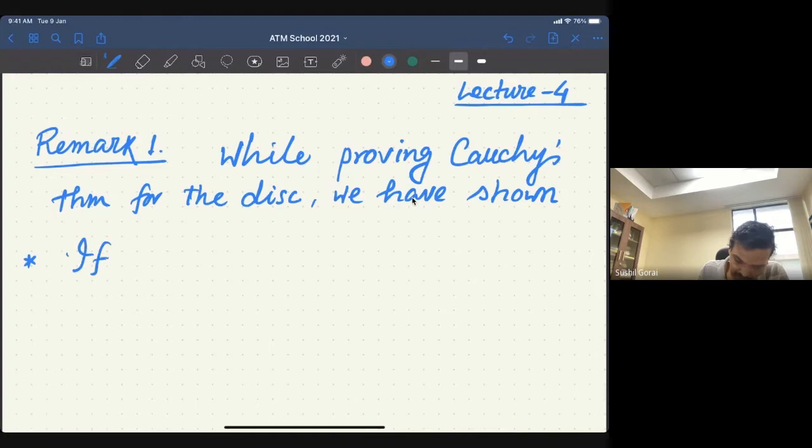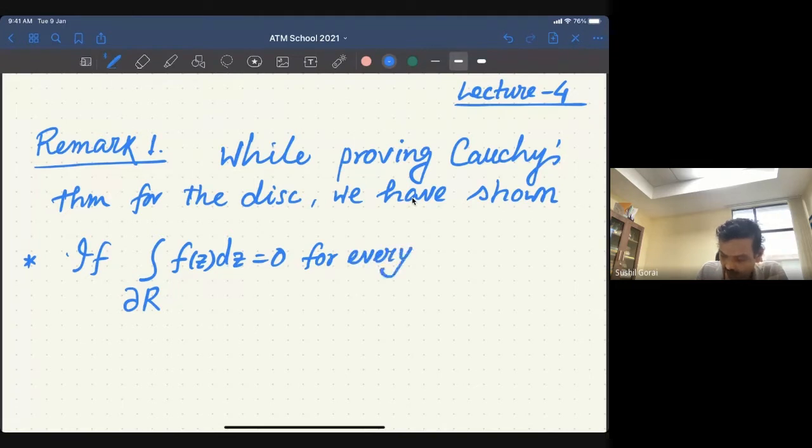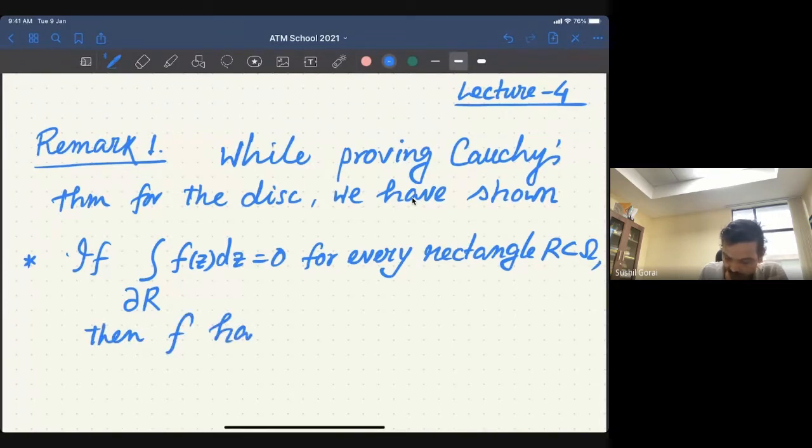If the integral over ∂R of f(z) dz is equal to 0 for every rectangle R contained in Omega, then f has a primitive in Omega, right?